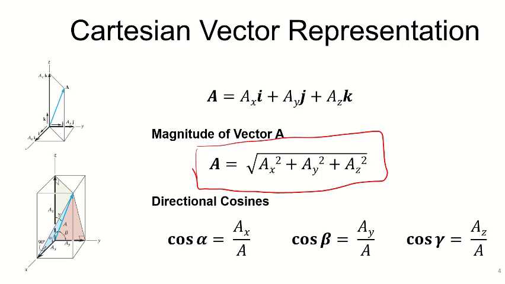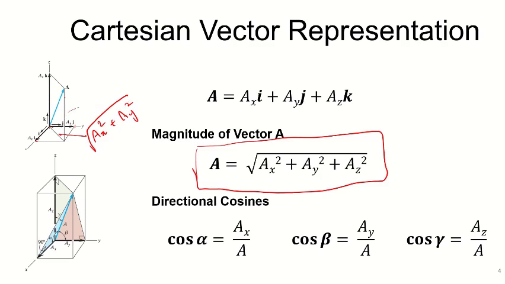Why is this? It is very simple. If you take this as our vector A, this length is Ax and this length is Ay, right? So what is the length of this one? This one is the square root of Ax squared plus Ay squared.